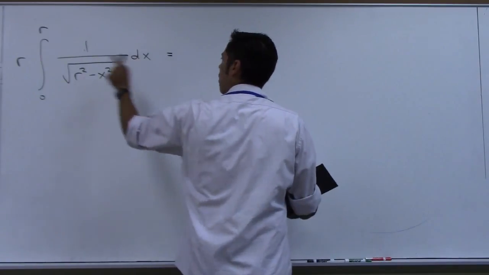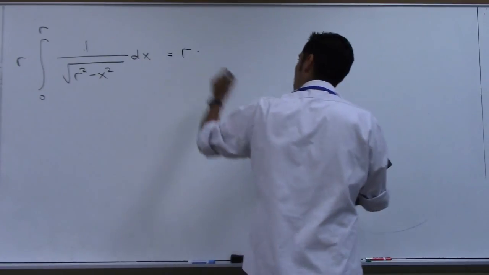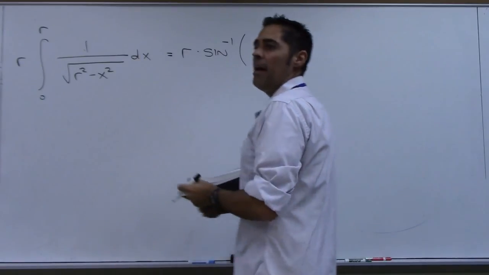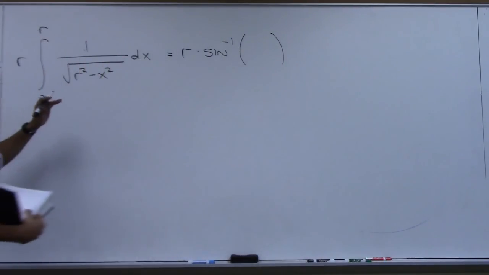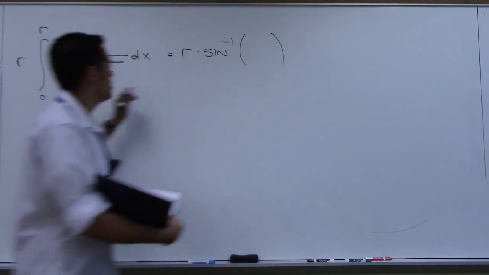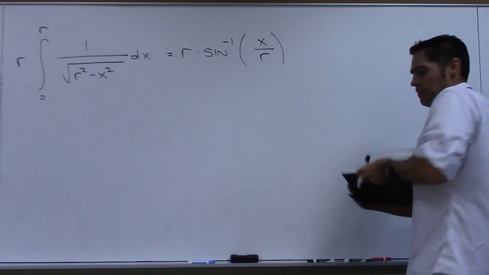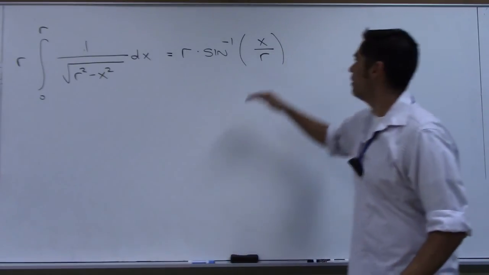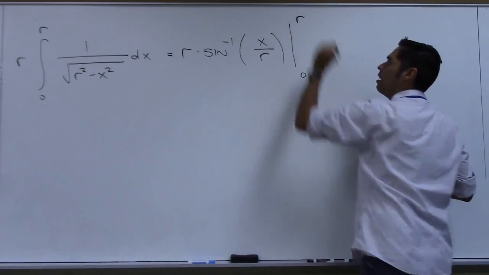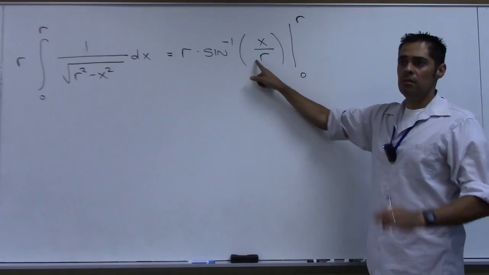So we have r from the front. Formula 16 says arc sine of u over a, where u is the variable. So for us, u is x and a is r. So this should be x over r. And that's it, right? That's the antiderivative. Evaluated where to where? 0 to r. Plug r in. R over r? 1.